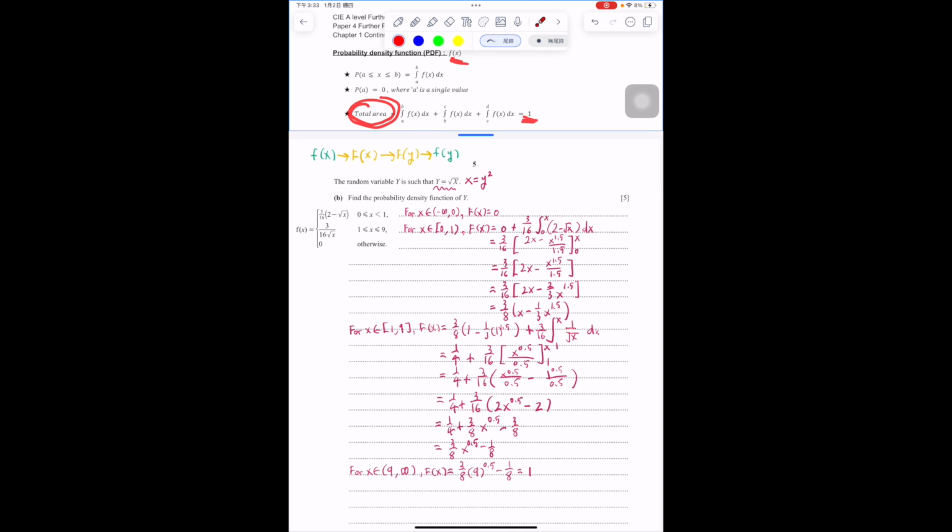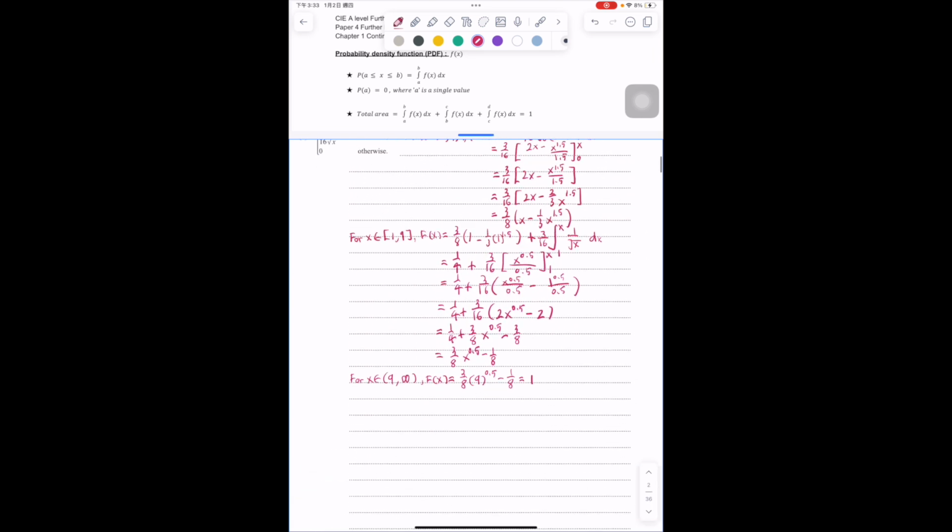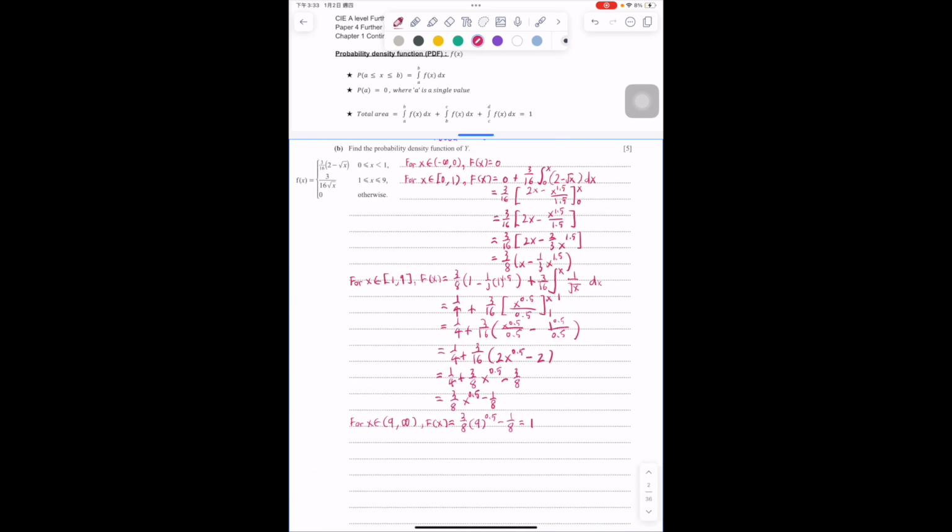So here we'll always end with a 1. So now we can write a summary that our CDF of x is equal to the first part we have 0, the second part we have here, the third one, and the last one right here.